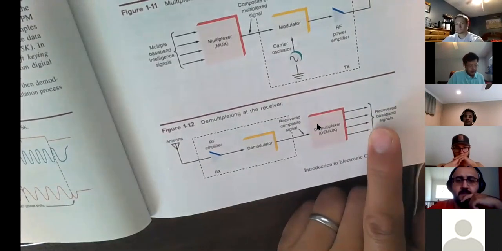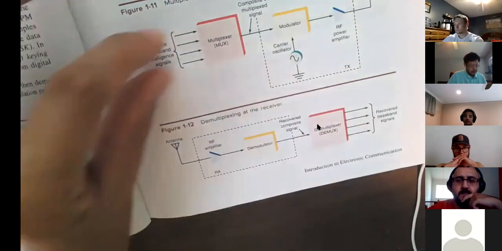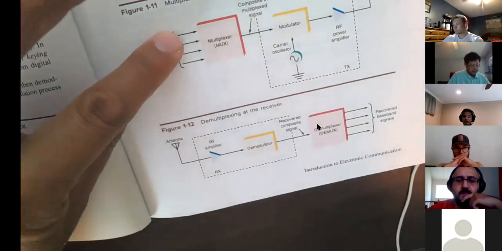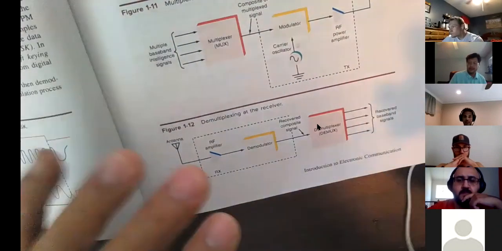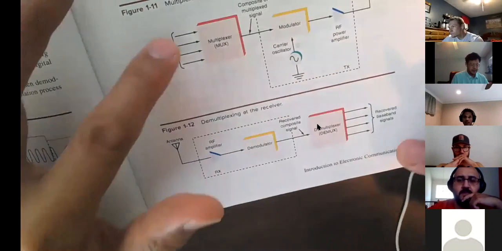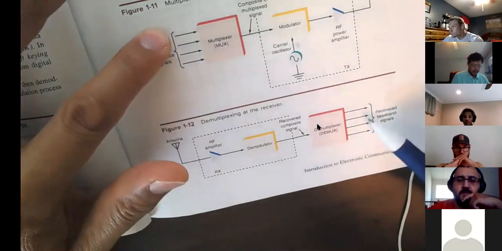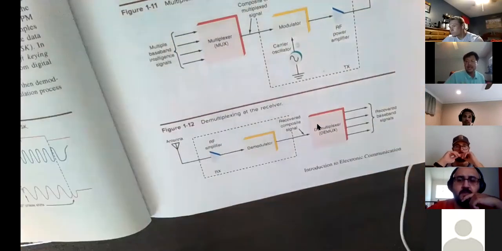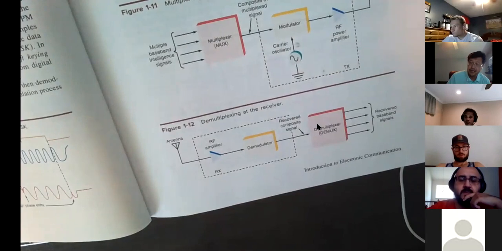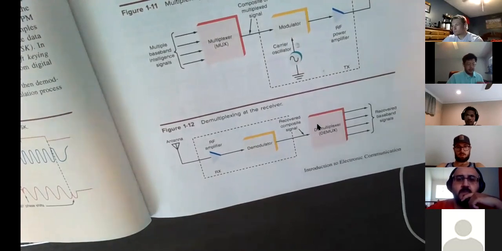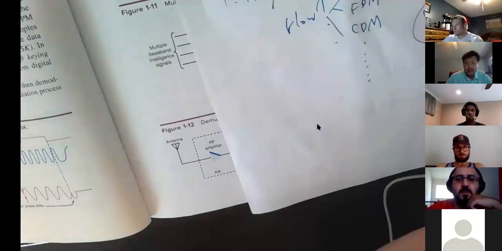You do not want to have crosstalk. I call it crosstalk. That means signal 1 ends up on channel 2. That is not good. So multiplexing means separating them, differentiating them 100%.